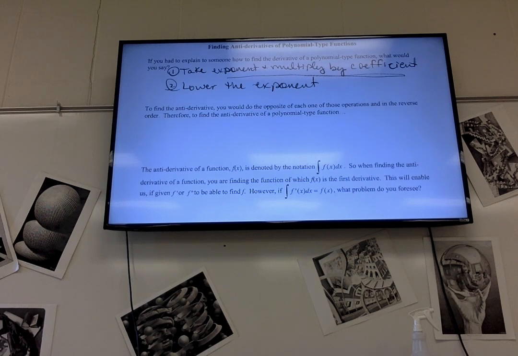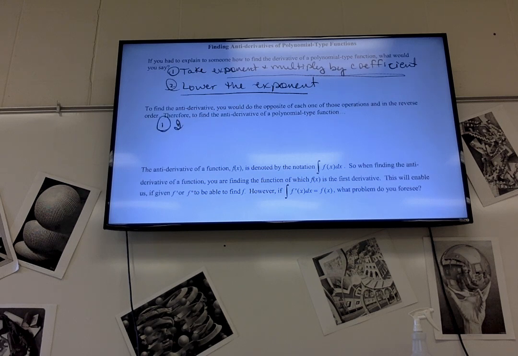So are we going to delete 1 from the exponent and then multiply? Are we going to do 2, 1 instead of 1, 2? That's what I'm saying. So you would lower the exponent first? No. What's the opposite of lowering the exponent? Raise. Yes. So you're doing 2.1.